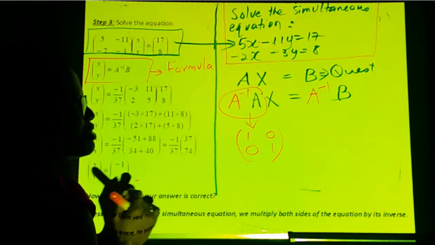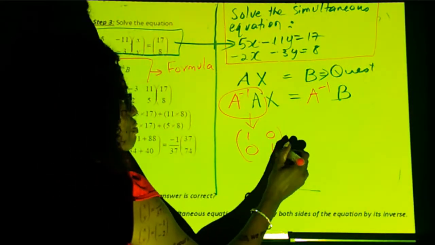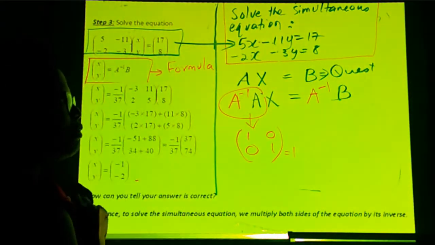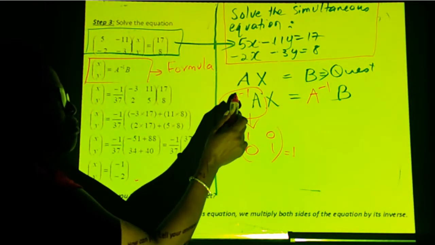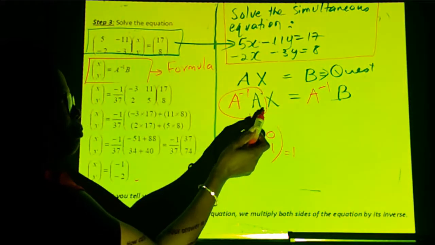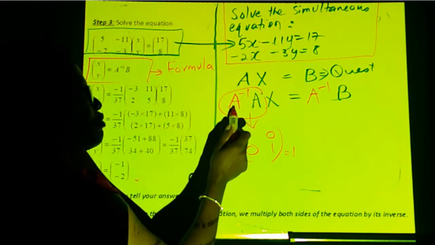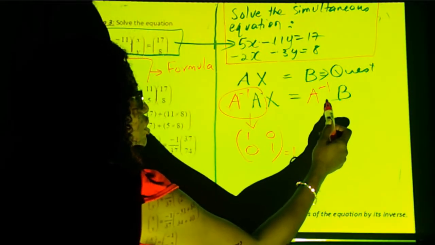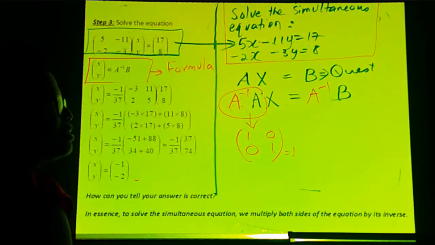So I'm left with x as the subject. So this behaves like 1 in normal multiplication, so we end up with 1x. Again, A to the minus 1 was never in the question. I put it in on the left. So if I adjust one side of the equal sign, I've got to adjust the other side. I have to put A to the minus 1 on both sides.